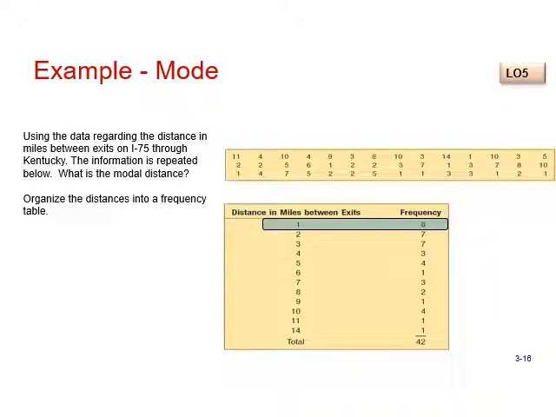Okay, let's take an example. Using the data regarding the distance in miles between exits, from 1 up to 75, with the information repeated below, what is the modal distance? What is the most common value? We can organize the distances in a frequency table to know how often the values are repeated.